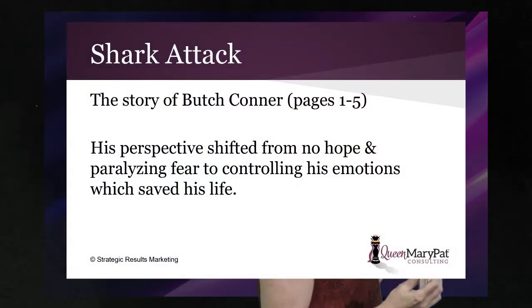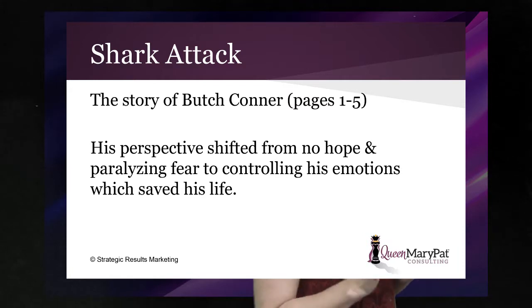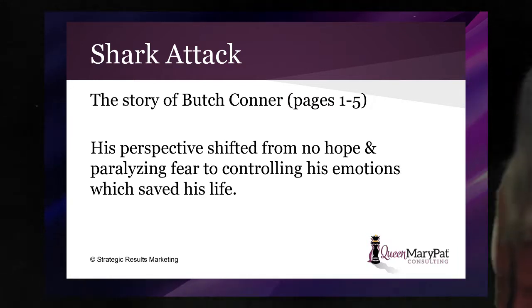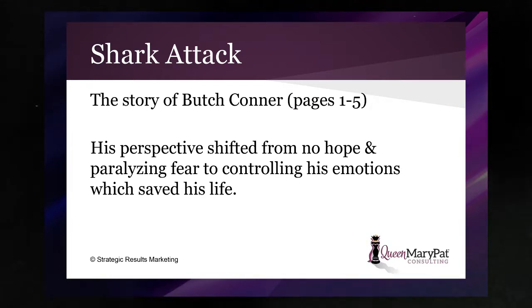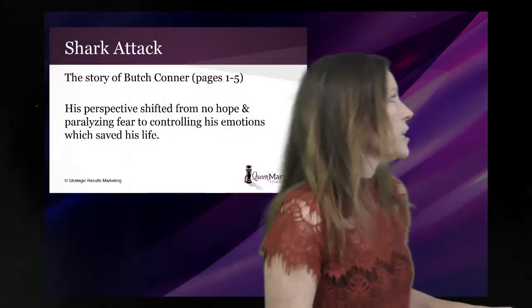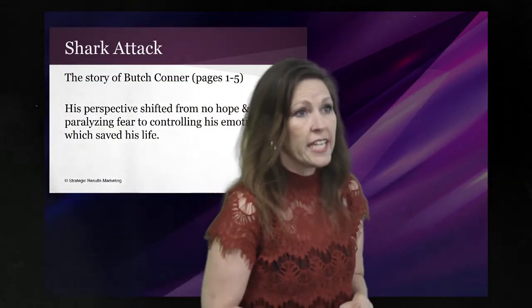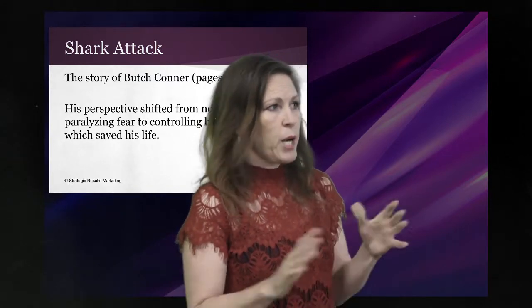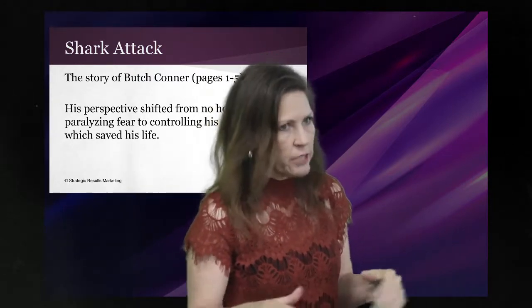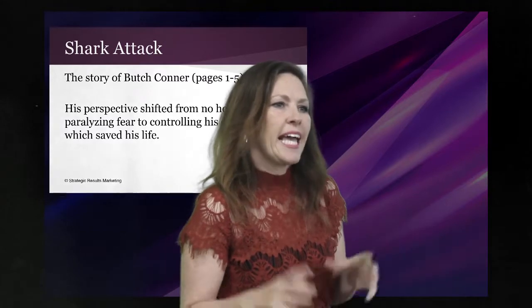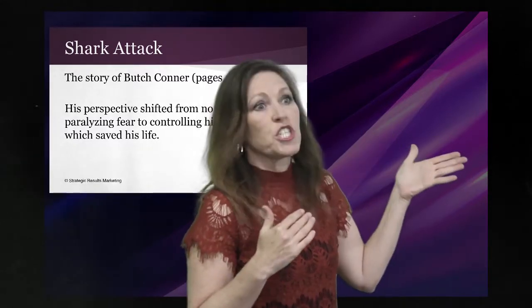And I'm going to give you the super duper Cliff Notes version on this book. But I'm going to start with this story, and it starts on page 1 to 5 in this book. And it's a story of Butch Connor. It's a true story, and it's a story about how he was surfing off the coast of California, and probably in Monterey, I don't know, making that part of it up. And there was a shark.